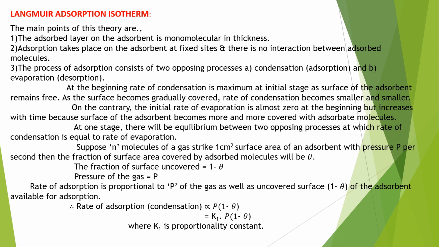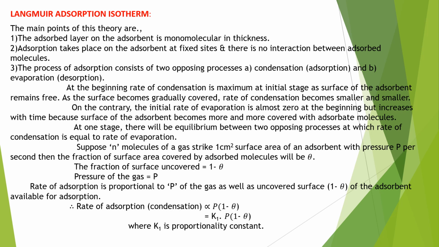Next, the pressure of the gas is P. From these values, we can find the rate of adsorption. The rate of adsorption is proportional to P, the pressure of the gas, multiplied by 1 minus theta, the fraction of the surface uncovered or available for further adsorption.